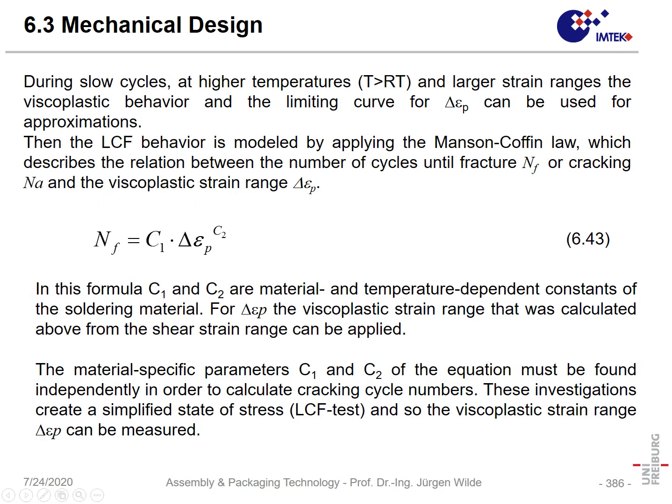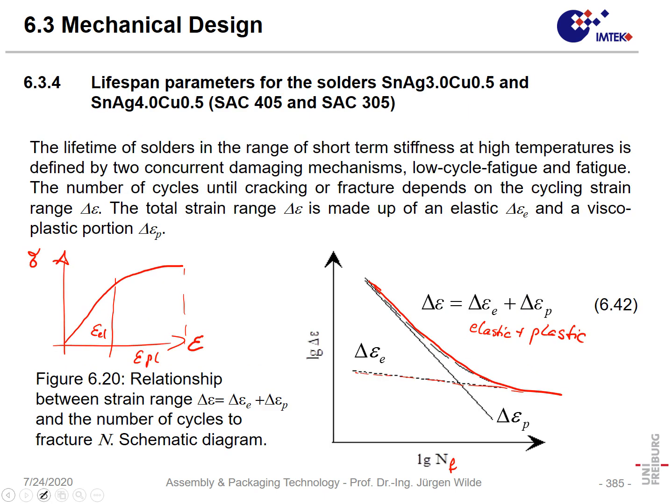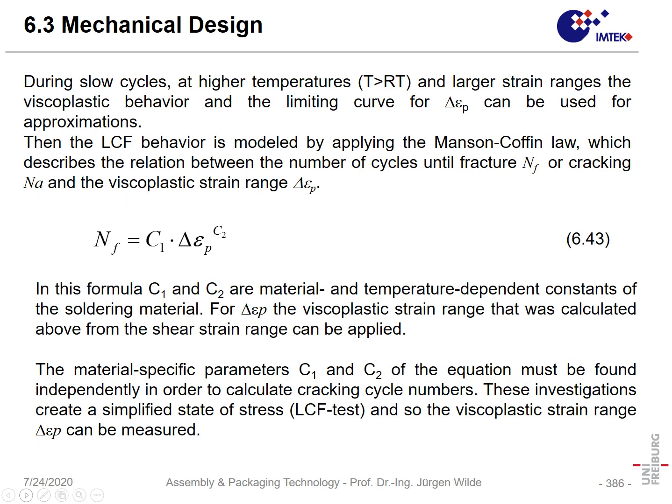And when we look at such a curve, so here we see it's a log curve, and a log curve can always be modeled with, for instance, a power law.